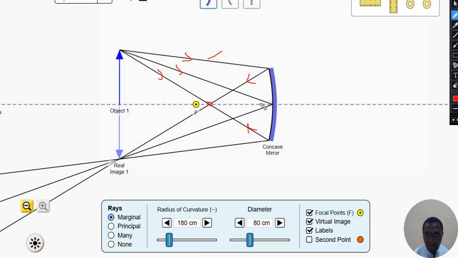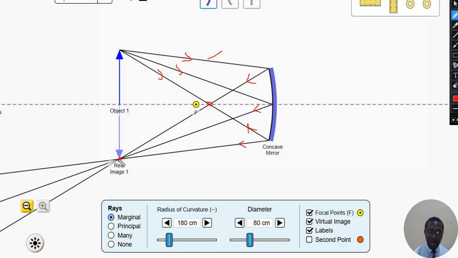Okay, it just reflects without passing through the focal point. All right, so it's very, very key that we know this. And at the end, we find out that all the reflected rays meet at this point here. This first reflected ray with this second one and the third one all meet, and this particular one too. Okay, all meet at a particular spot here.